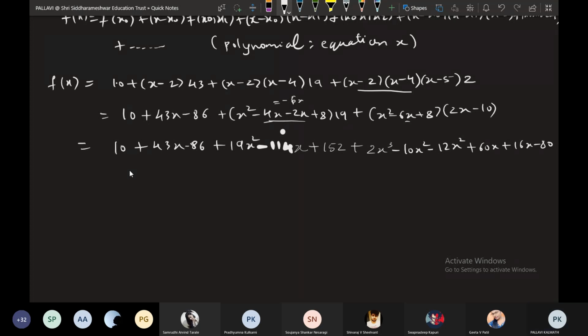Can anybody simplify and tell me the answer? How many cubes do you have here? Only one. It is 2x cube, it cannot be added or subtracted with anything. 2x cube. How many squares are there? 19x squared. Then minus 10 minus 12 is how much? Minus 22. Minus 22 plus 19 is how much? Minus 3x squared.